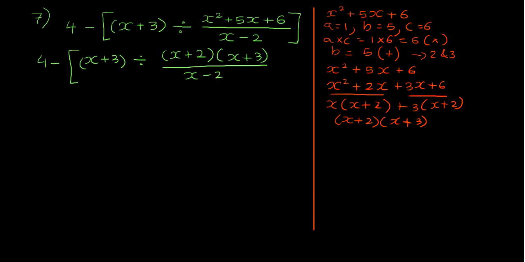I'm just going to put a bracket around it as well. Okay, when you divide by a fraction, you multiply by its reciprocal. To find its reciprocal, you flip it over. So that's x plus 3 times... where's the 3? Okay, x plus 3 multiplied by x minus 2.